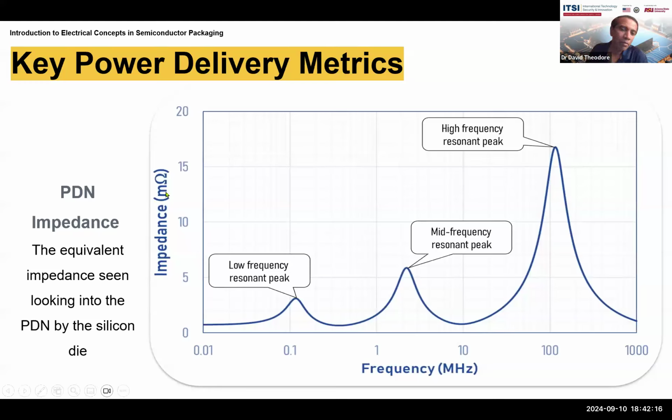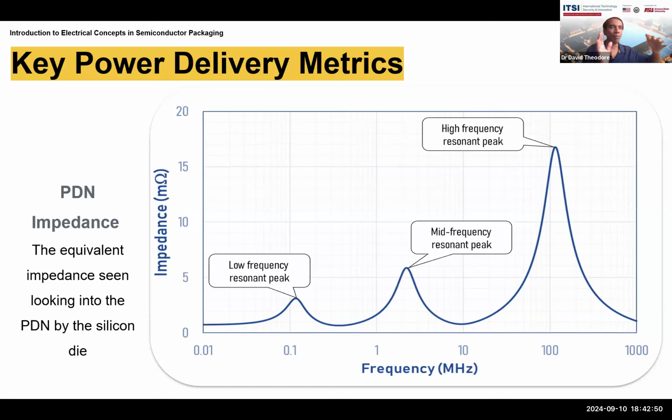So impedance is measured here in milliohms on the y-axis versus frequency measured in megahertz. It turns out we have seen that impedance is a function of frequency, like in the previous mini lecture. You can see that the chip behaves like a system that has a certain resonant frequency or a combination of resonant frequencies, because different devices on the chip behave differently at different frequencies.